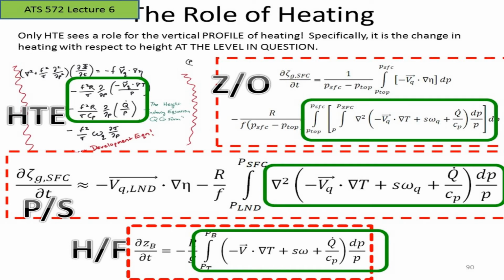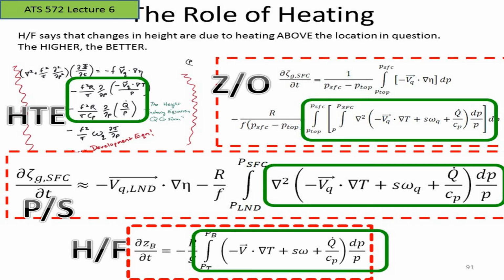How about the roles of heating? Only the height tendency equation sees a role for the vertical profile of heating. When you're trying to memorize all these effects and so on, you'll notice this is the only one that talks about like cold air advection decreasing with height or warm air advection decreasing with height. So that's the only one that talks about the profile of heating. The Hirschberg-Fritsch equation says that changes in the height are due to the heating above the location, with the higher the better.